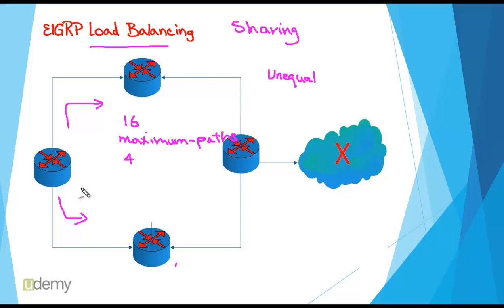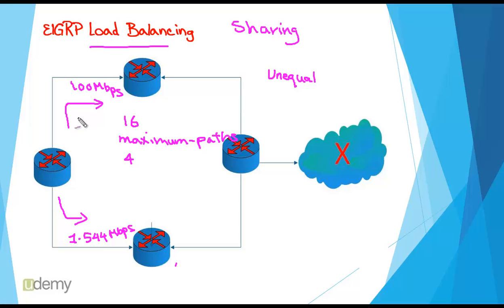But another concern may arise. How does EIGRP balance our traffic on these links? They may be very different links. For example, this could be a T1 line with 1.544 megabits per second, and this one may be a Fast Ethernet with 100 megabits per second. Does EIGRP load balance traffic 50-50 on these links or not?